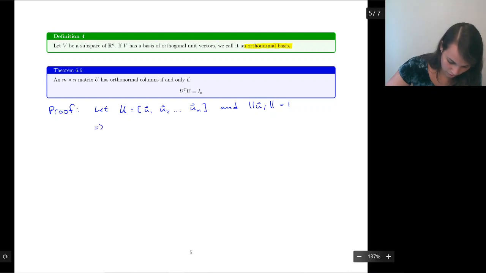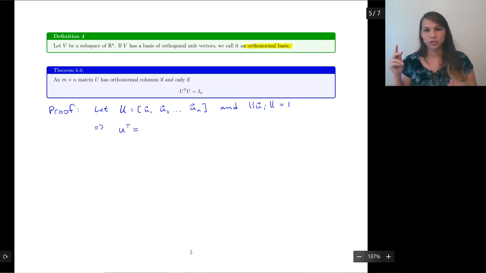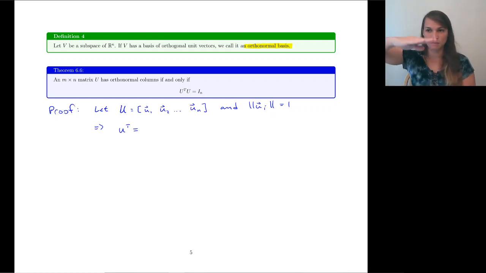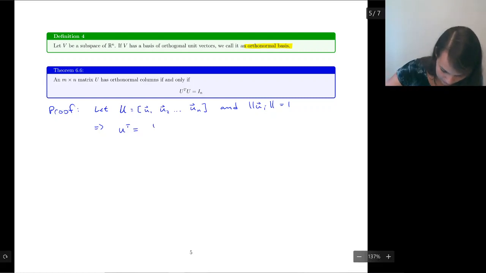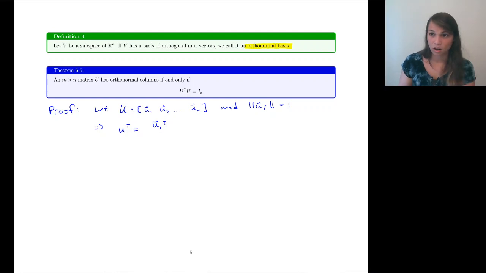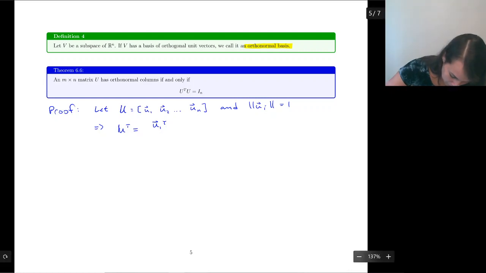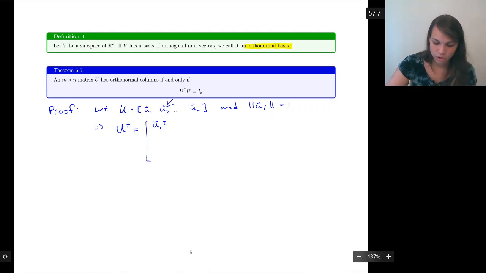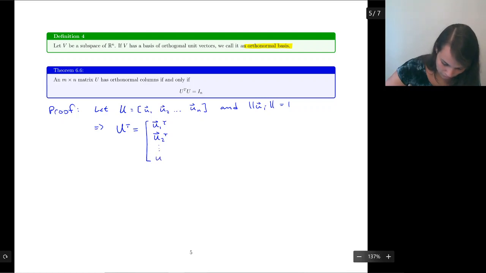So then U transpose, remember transposes take columns and turn them into rows. So we could say take the transpose of U1, which is column 1, and column 1 is going to become row 1 for U transpose. Okay. So that means column 2 is going to turn into row 2 if we just transpose it. Boop, boop, boop, all the way down to the end.